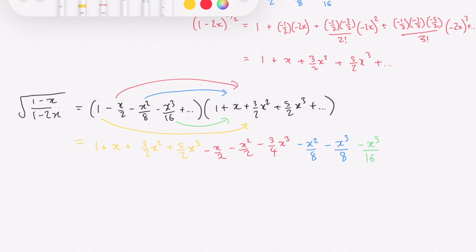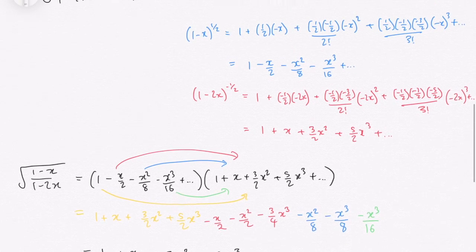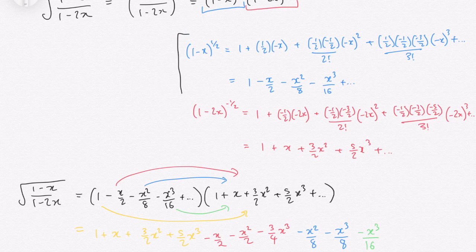So collecting those like terms, we get 1 plus x over 2 plus 7 over 8 x squared plus 25 over 16 x cubed. And we're also asked when this is valid. Well, this is valid when both of these binomial expansions are valid.